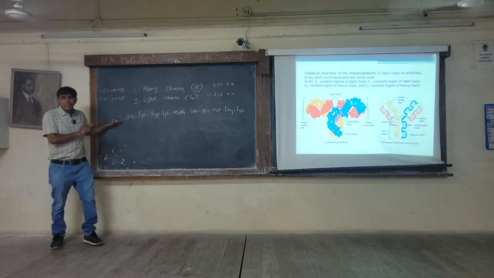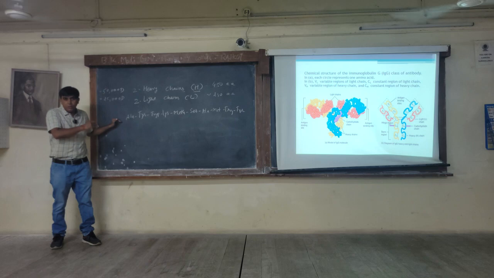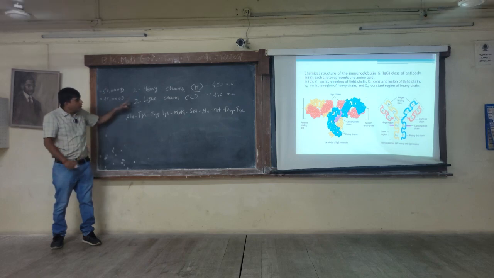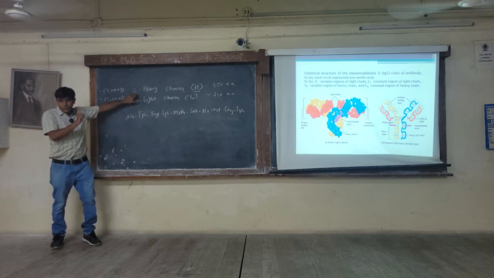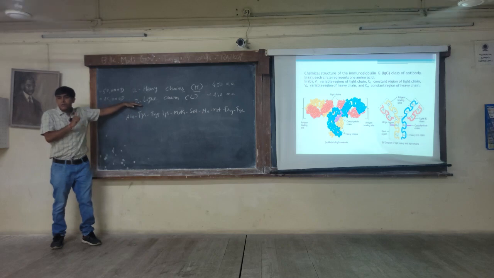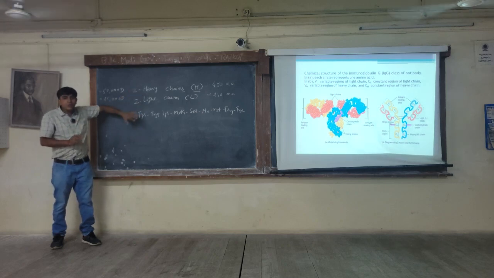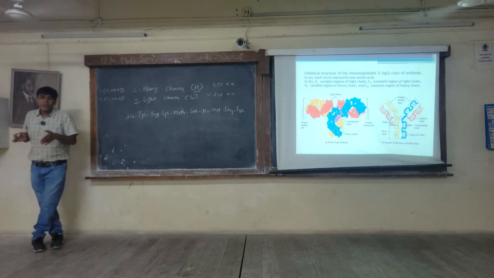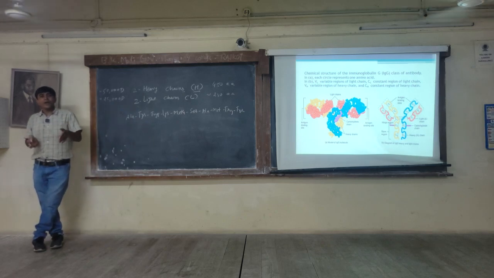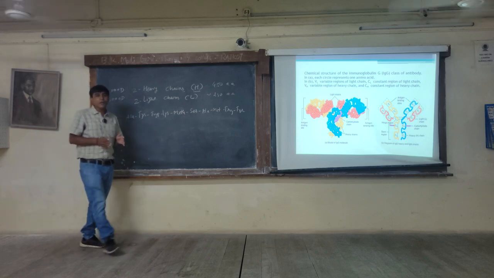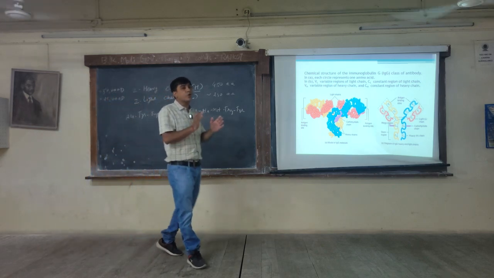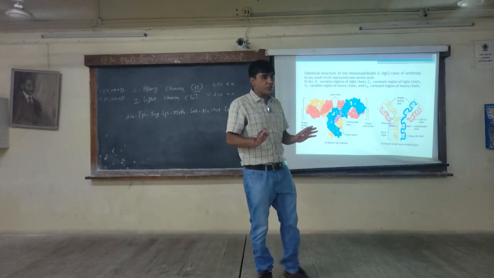It's a chain, a number of amino acids attached together. In a heavy chain, there are 450 amino acids, as I said. In a light chain, there are approximately 225 to 230 amino acids. Out of the total number of amino acids present in a heavy chain or light chain, nearly 50% of the sequence is constant. It is not changing.